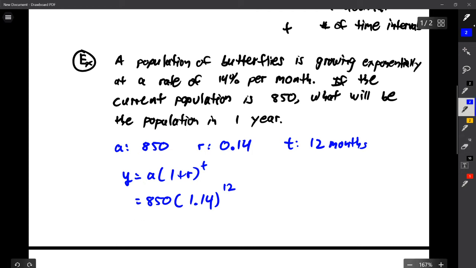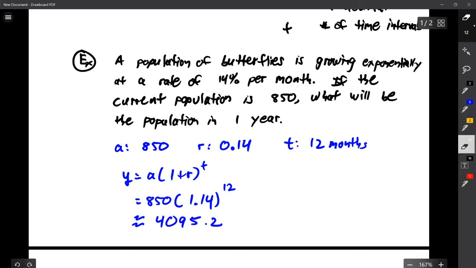approximately 4,095. Now it's technically 4,095.2. But here's the thing. What is 2/10 of a butterfly? Given the context, decimals don't really make sense. So I'm going to leave this as 4,095, which you could be like, oh, okay, so it's regular round.